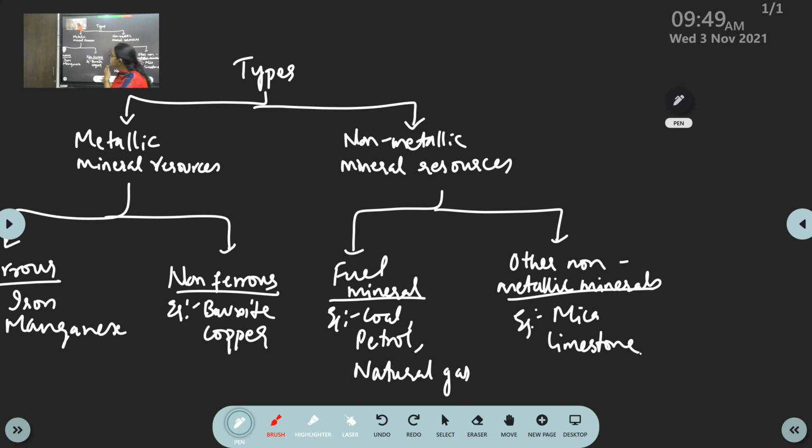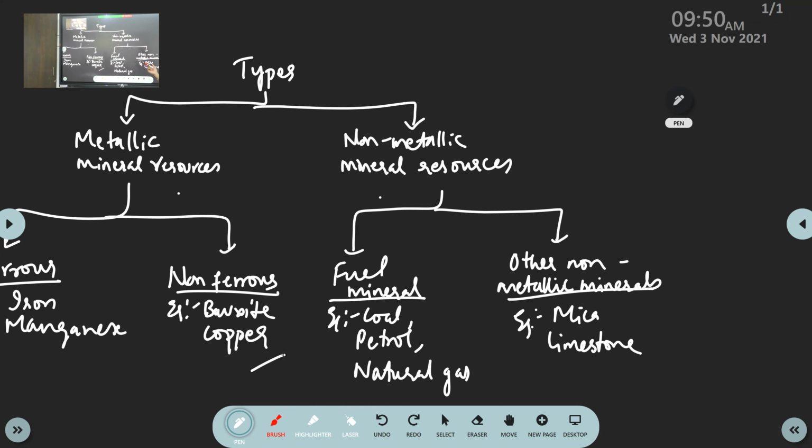So we have metallic mineral resources and non-metallic mineral resources. Metallic is again divided into ferrous and non-ferrous. Ferrous means mainly associated with iron: iron and manganese. Manganese also has iron content. Non-ferrous: bauxite, copper, which do not contain iron.